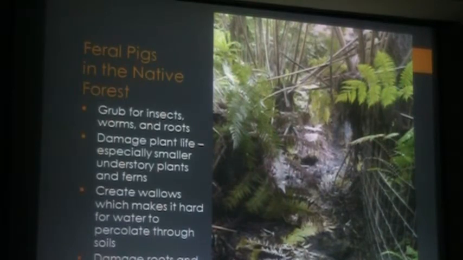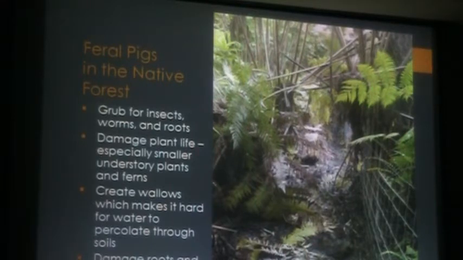The main thing that we focus on is the impacts of pigs. Feral pigs in native forests, they like to grub, they search for insects, worms, and roots. They damage plant life, especially understory plants, things that have a lot of meat to it, like hapu'u ferns.